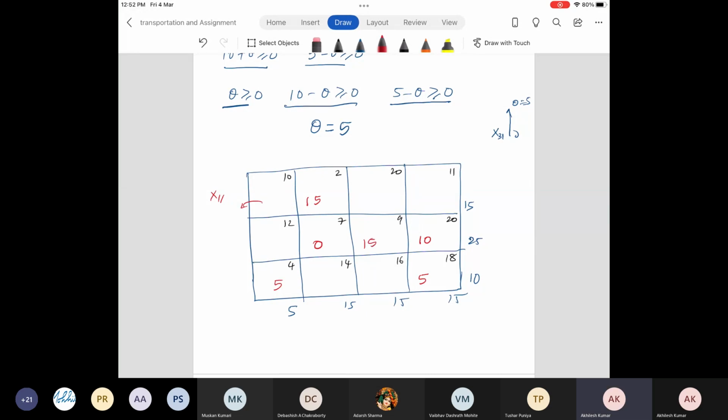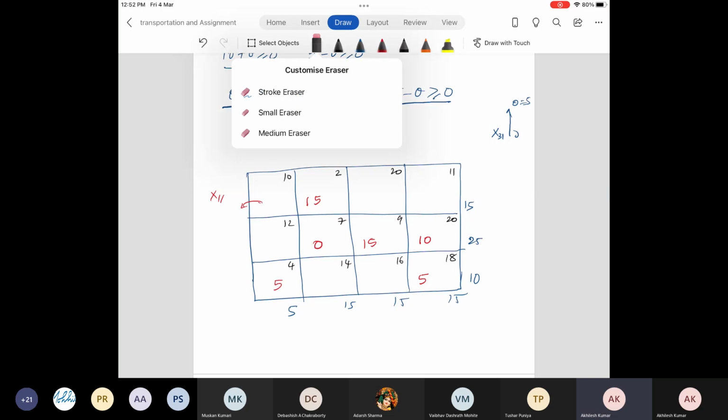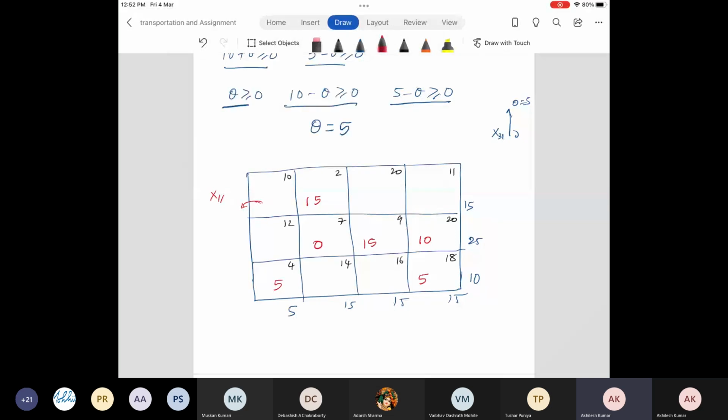So 1, 2, 3, 4. 1, 2, 3, 4, 5, 6. Is it clear? So x11 left the basis with 5 minus theta equal to 0. The other 5 minus theta which was becoming 0, I kept as a basic variable because there was a tie. Arbitrarily, I broke that tie, and we have said that x11 is the leaving basic variable.